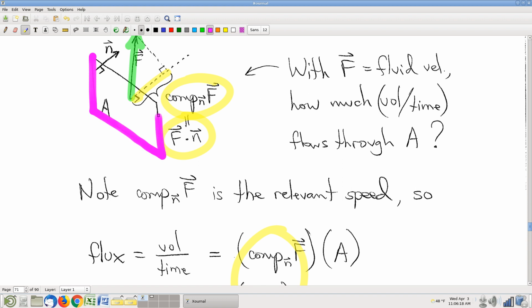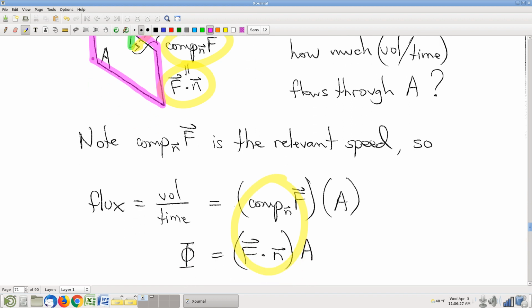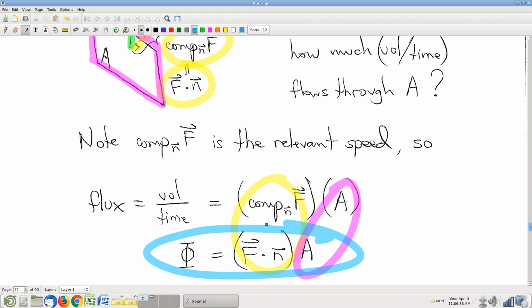Again, more area, more flux, more fluid flowing through an area. If there's more area, stands to reason, right? So a plausible formula is this: the flux that we're interested in is F dot n times area. How are we doing? That's the three-dimensional version of what we did on the other page.